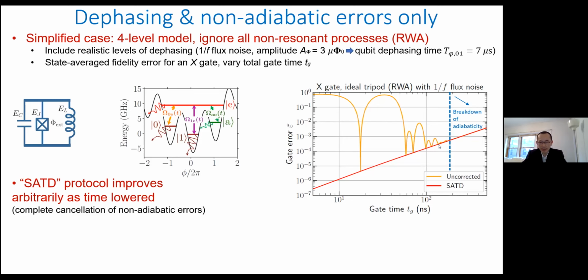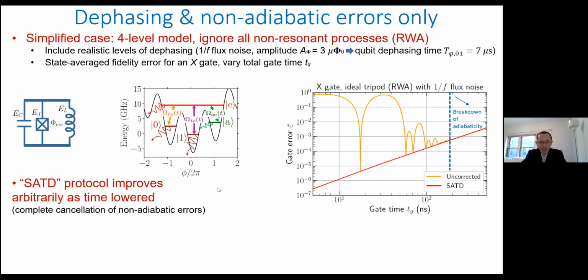The red curve here is the gate obtained by using the SATD corrections, by changing your pulse envelope in an analytical way so as to cancel the non-adiabatic error. So in principle, you can go to arbitrarily fast gates with a small error by using this SATD pulse. And the error here is only due to dephasing.